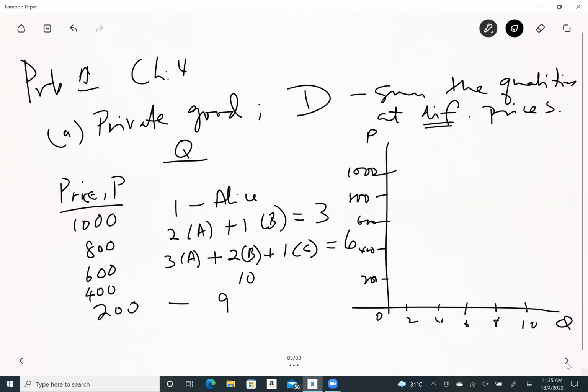So you have price 1,000, quantity 1, somewhere there. 800, 3, somewhere there. 600, 6, somewhere here. Then 400, 10, somewhere there. And then 200, 9, it has to come back down. Okay, there.